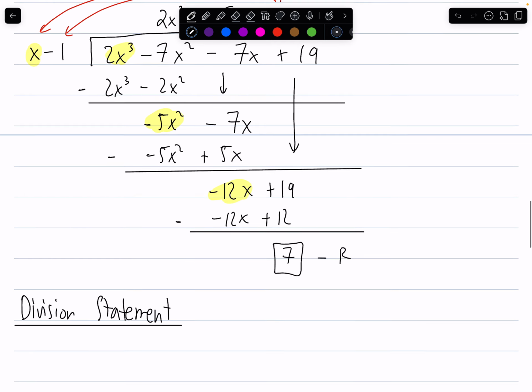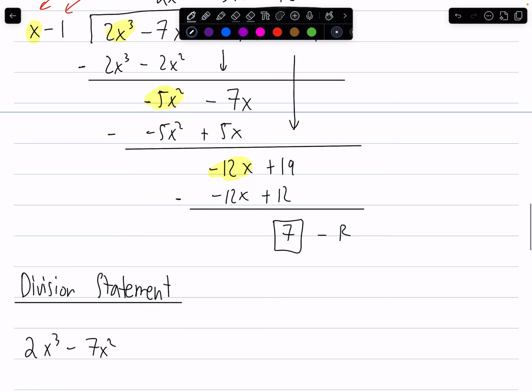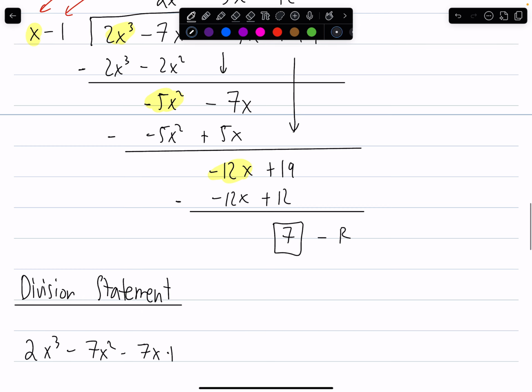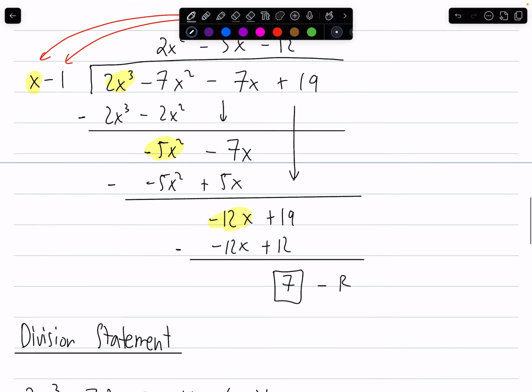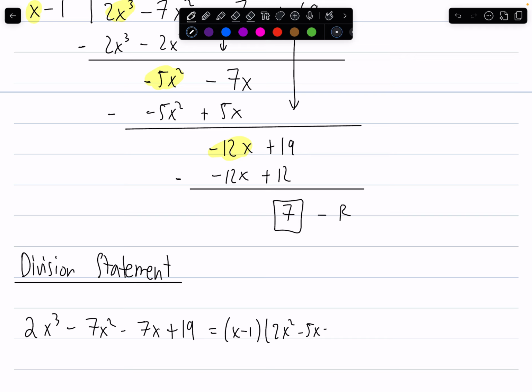The division statement is 2x cubed minus 7x squared minus 7x plus 19 is equal to the divisor, x minus 1, times the quotient, 2x squared minus 5x minus 12, plus the remainder.